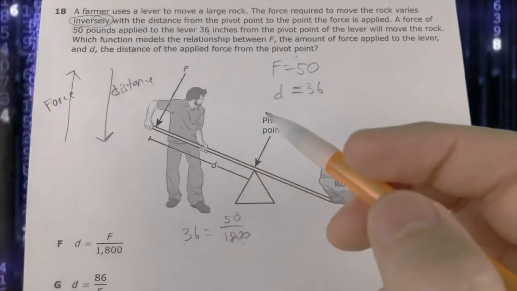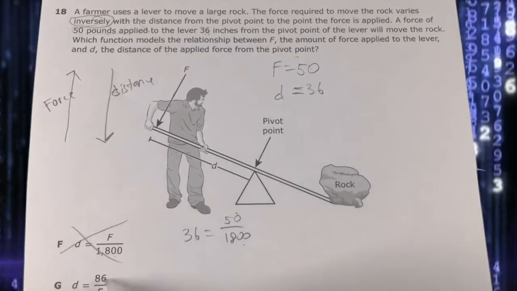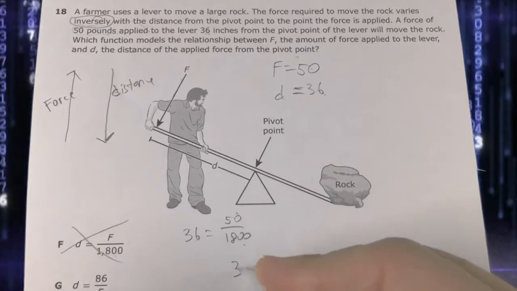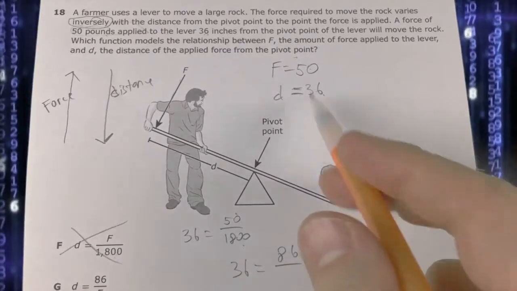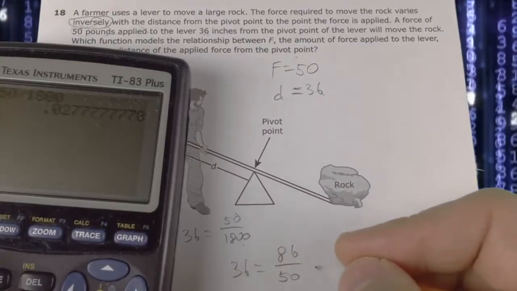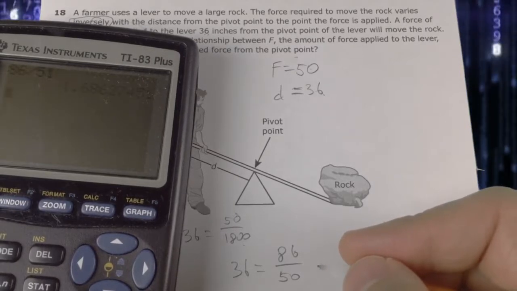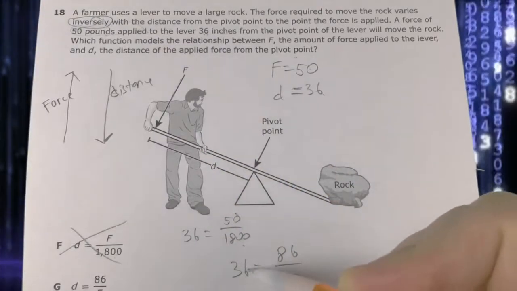So this choice does not make any sense. It doesn't work. D equals 86 divided by F. D is 36 equals 86 divided by F, and F is 50. I'm thinking it's not going to work, but let's try it. 86 divided by 50, we get a weird 1.68. We do not get 36.